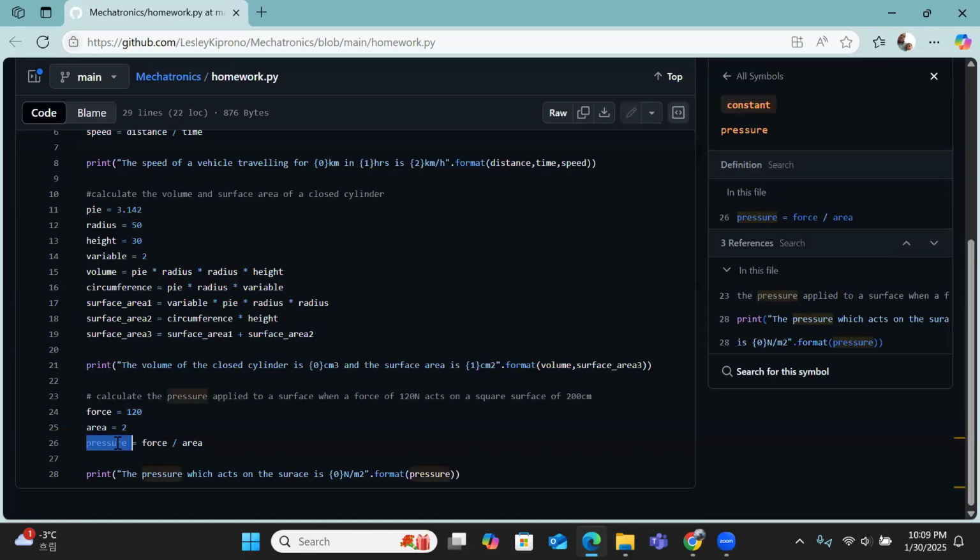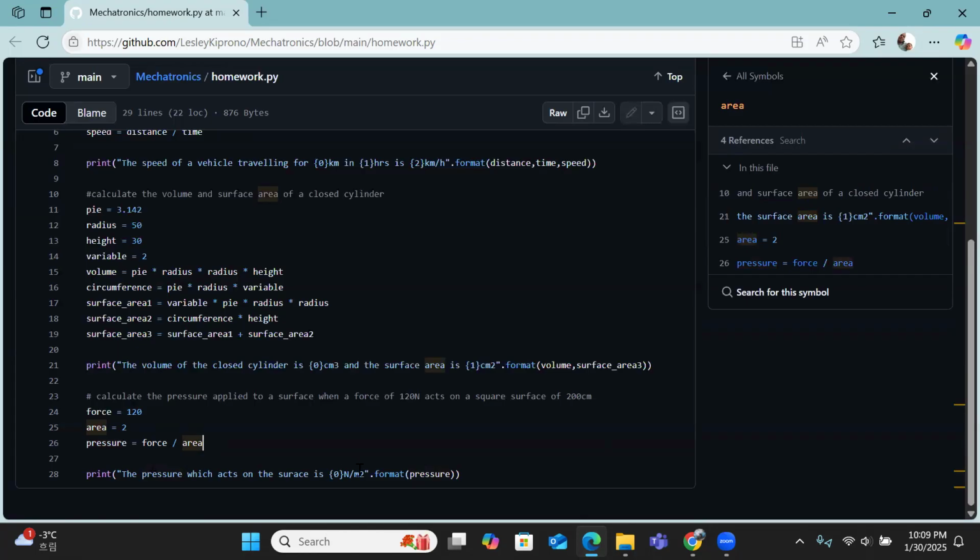And then pressure is force over area. Where is area 2? Remember, a square surface of 200 centimeter. This is the length. Yeah, square surface.